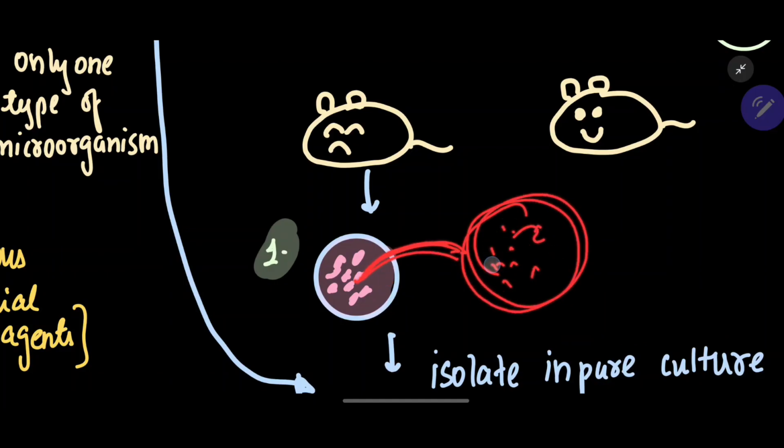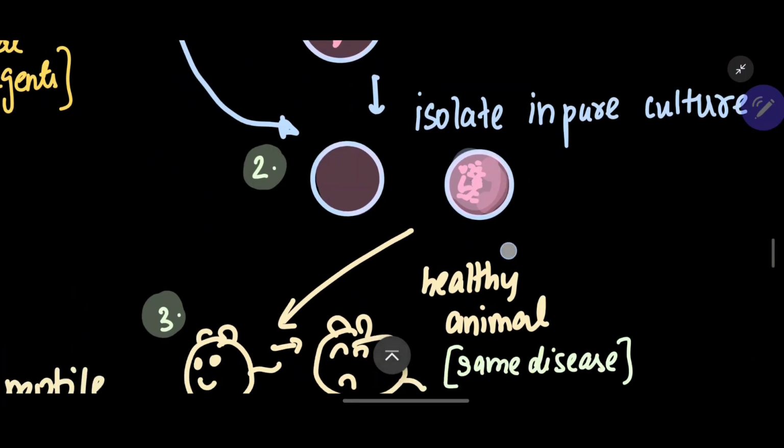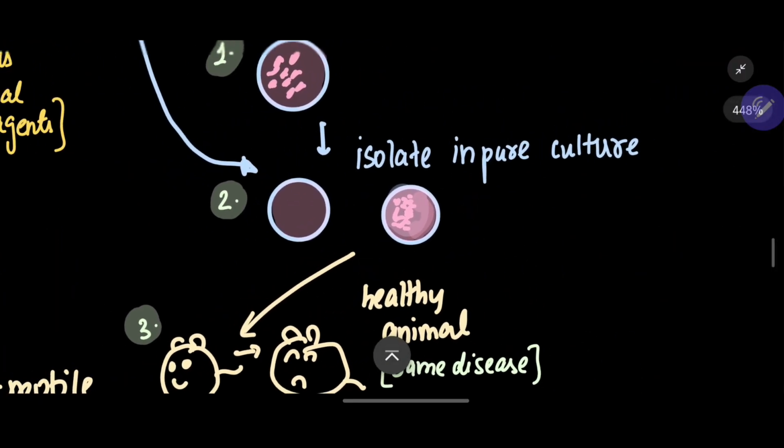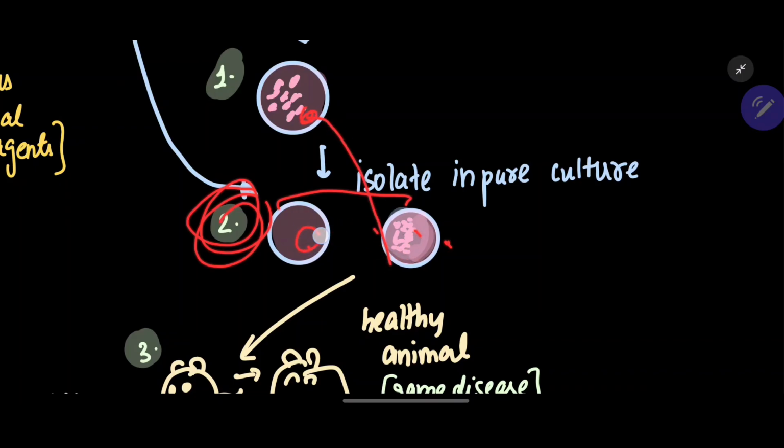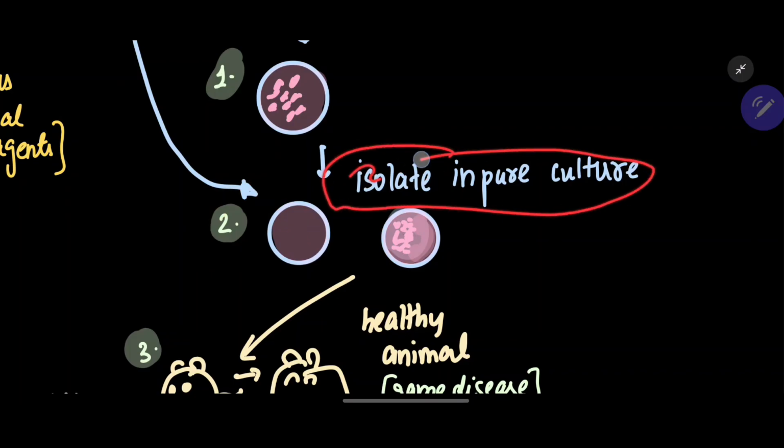Will it be possible to grow it? And then he realized that yes, it is possible to grow. So he said that the second postulate is that it should be possible to isolate the organism in pure culture from the lesions of the disease. Okay, so you are able to isolate it in pure culture.